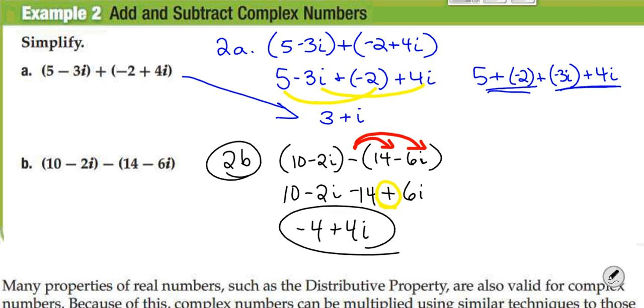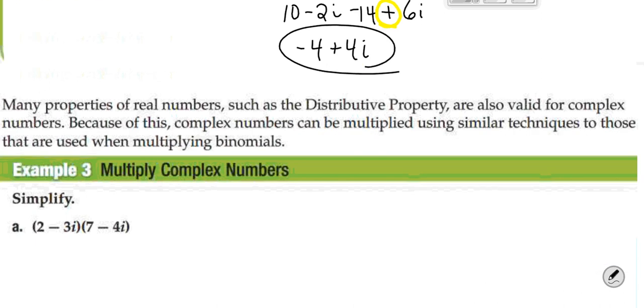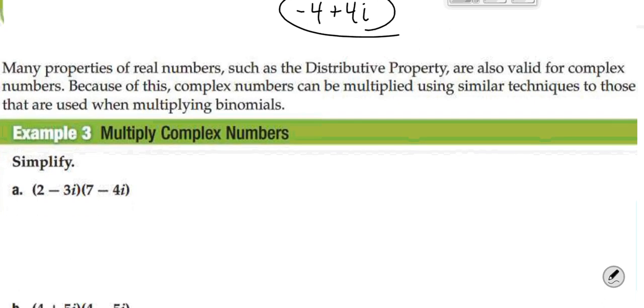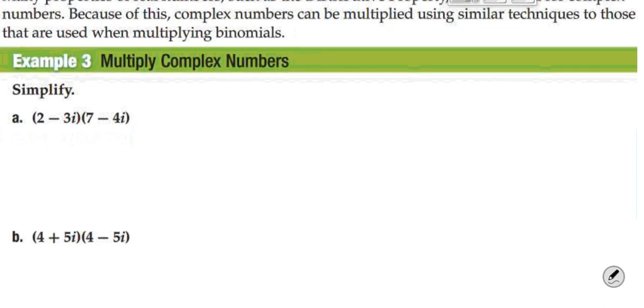Then we can look at the distributive property, and we do want to remember that we have that i squared when we use the distributive property. Now, just from some things I've learned over time, I often just use the distributive property instead of commenting on FOIL.